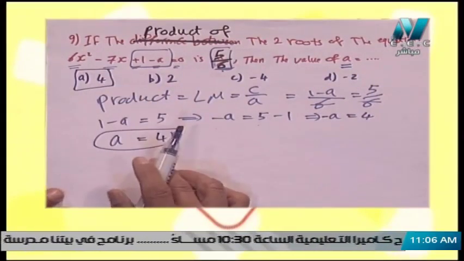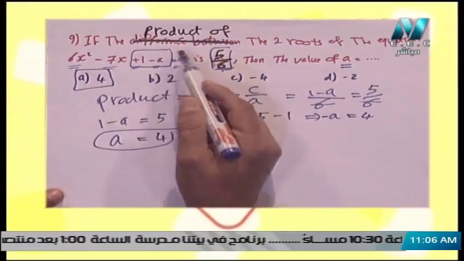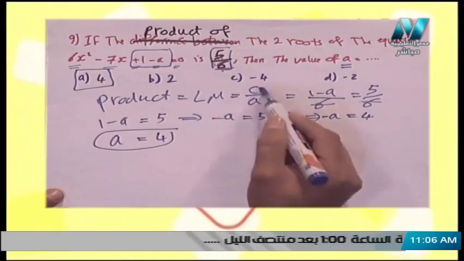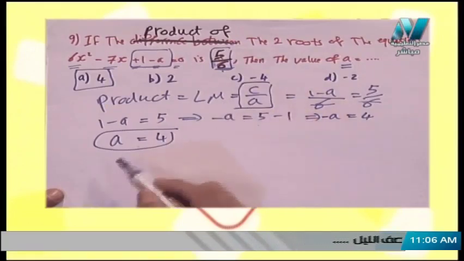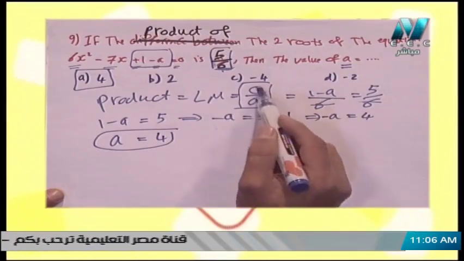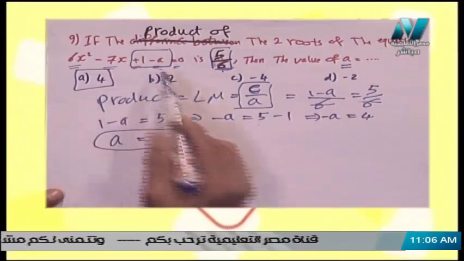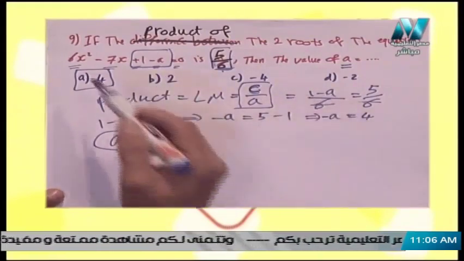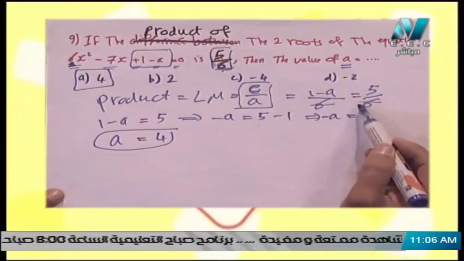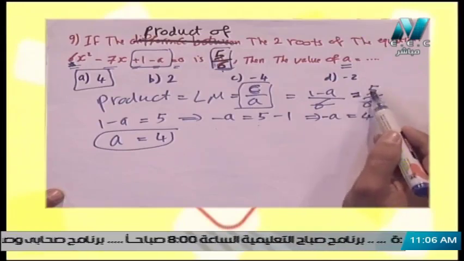So it's right. When you have the product of the two roots, the product equals LM, which has the rule C over A. We put C in its place, 1 minus A over A, which is 6, and equalize it to 5 over 6.